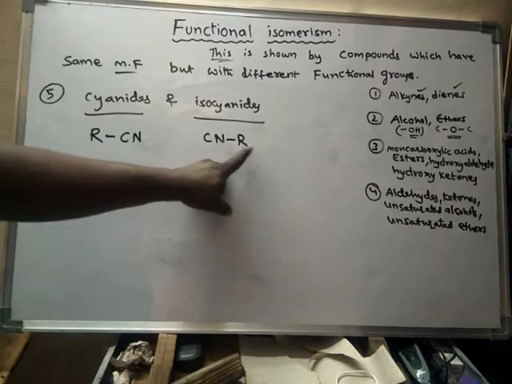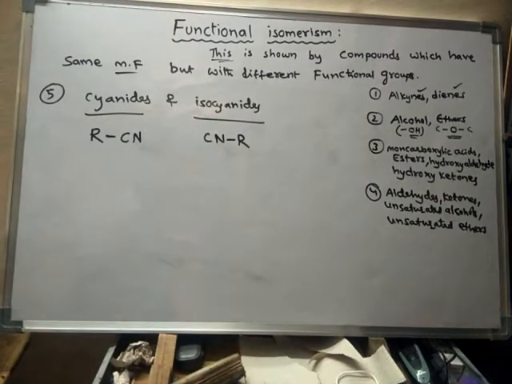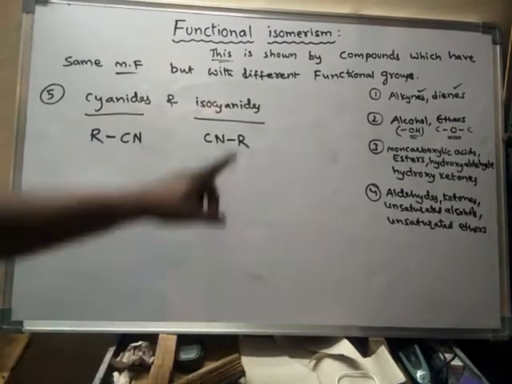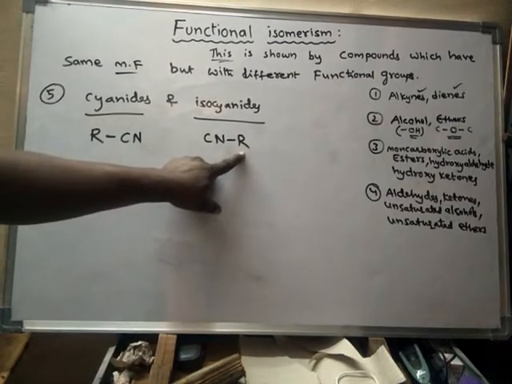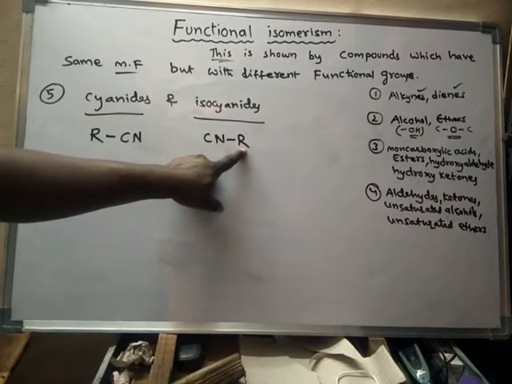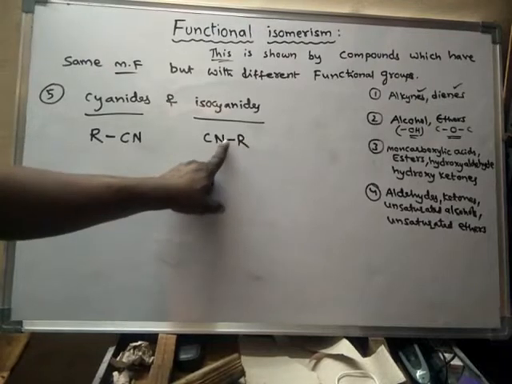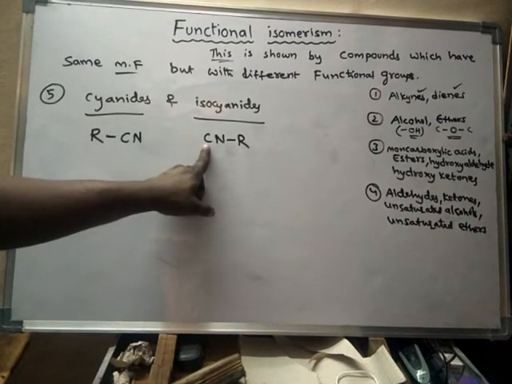R means alkyl, a chain of carbon atoms; sometimes it may be one carbon also. Here the carbon atoms are not in continuation with this carbon, because the chain is connected to nitrogen, and this nitrogen is connected to carbon.